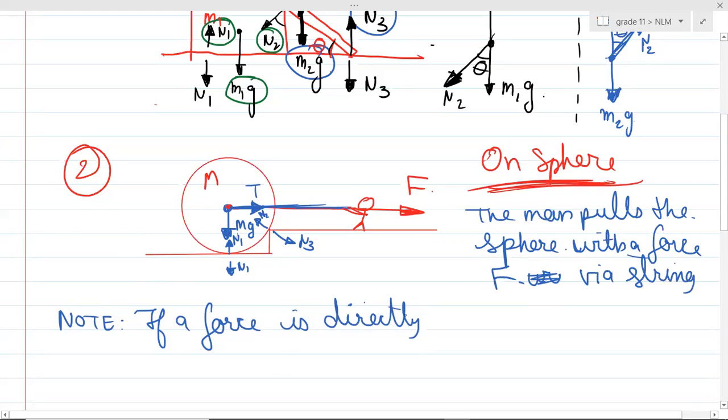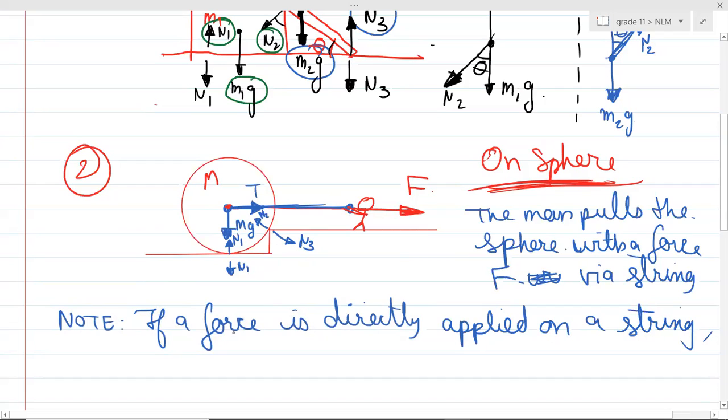If a force is directly applied on a string, can you see, guys, this man is pulling the string with the force F. Yes or no? Is the man pulling the sphere or is the man pulling the string? The man is pulling the string.